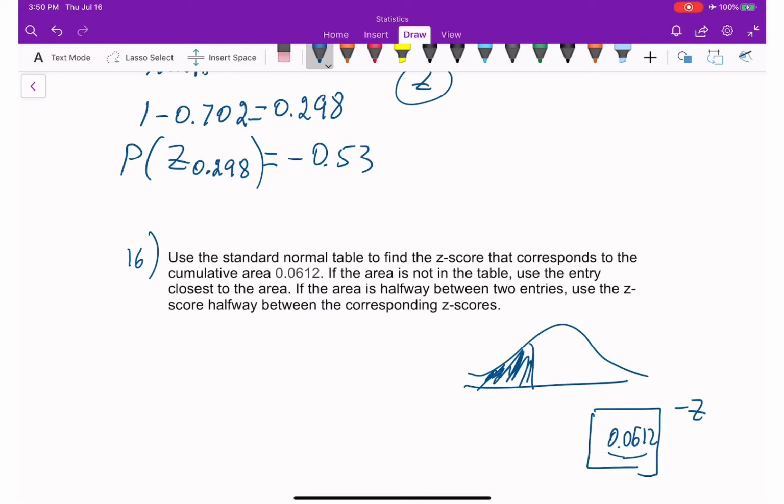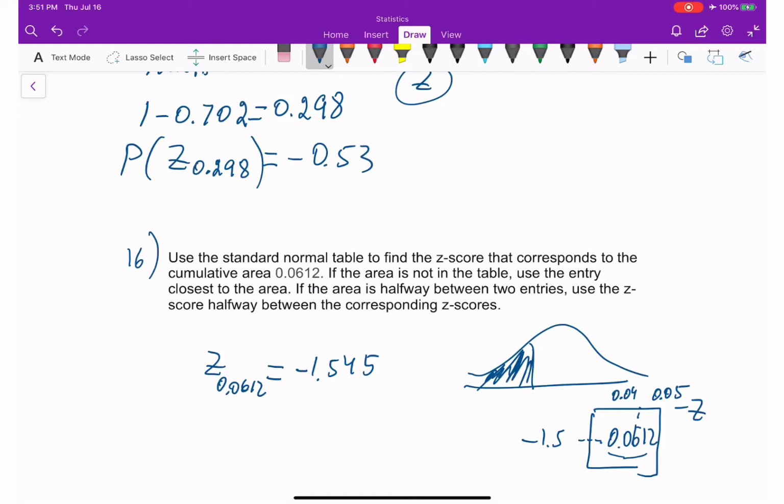So since we have 6%, we are going straight to the negative z-score table. Horizontally, you will see negative 1.5. Vertically, you will see it's between 0.04 and 0.05. So the z-score for 0.0612 is going to be equal to negative 1.545. Okay.